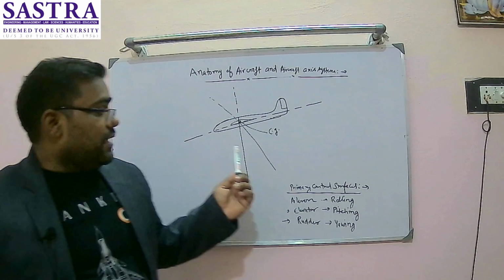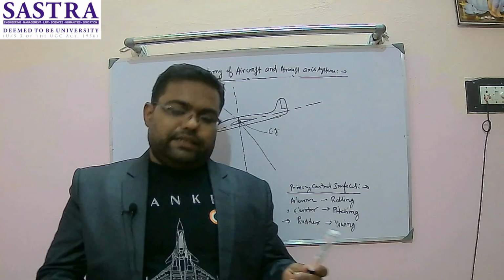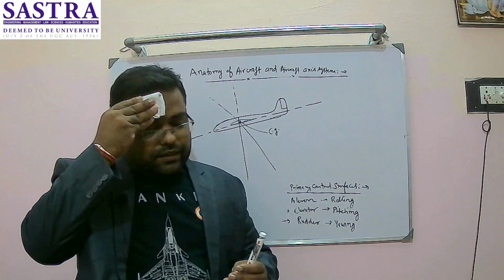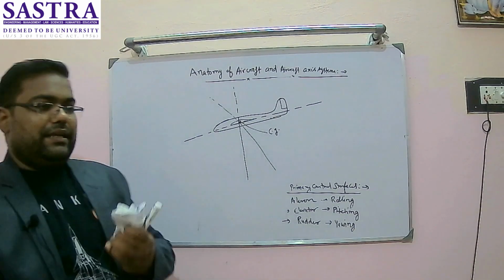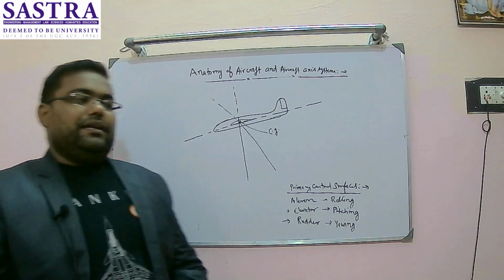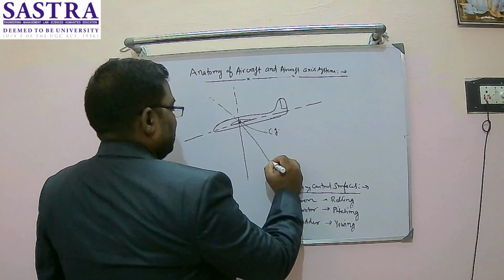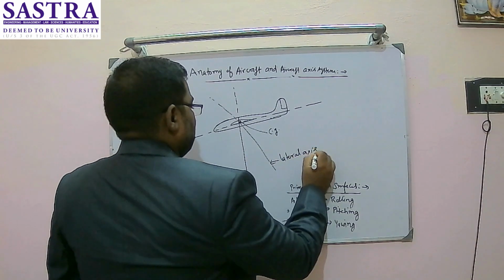One wing tip to another wing tip, if I connect those two with the help of an imaginary line, that is another axis, which I will define as the lateral axis.